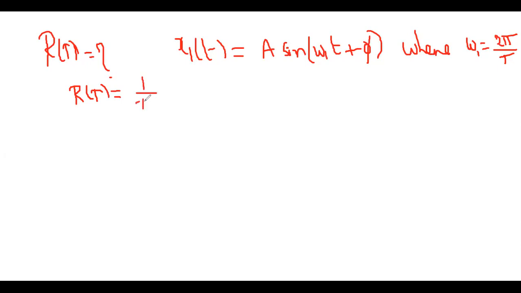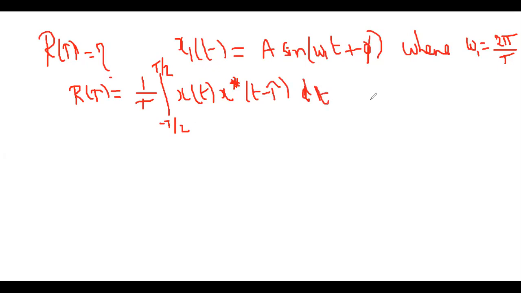Average autocorrelation function means 1 by T, the integral from minus T by 2 to T by 2, power signal, my dear students, x of t, x star of t minus tau dt. So this is the definition of the autocorrelation function for a power signal. And it is limit T tends to infinity also, my dear students. T tends to infinity, 1 by T, the integral from minus T by 2 to T by 2, x of t, x star of t minus tau dt.